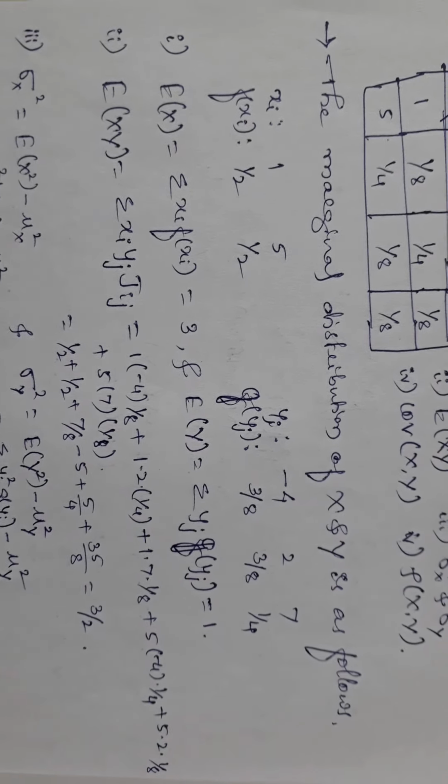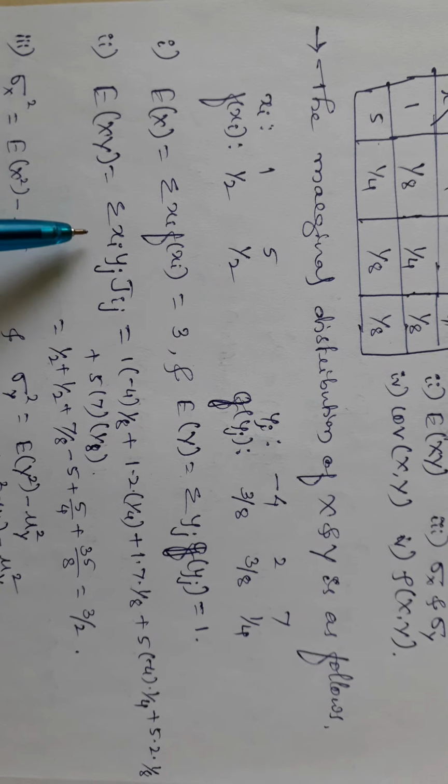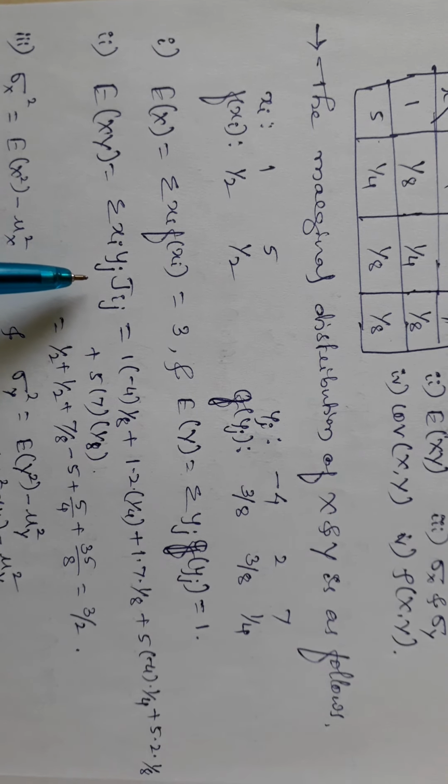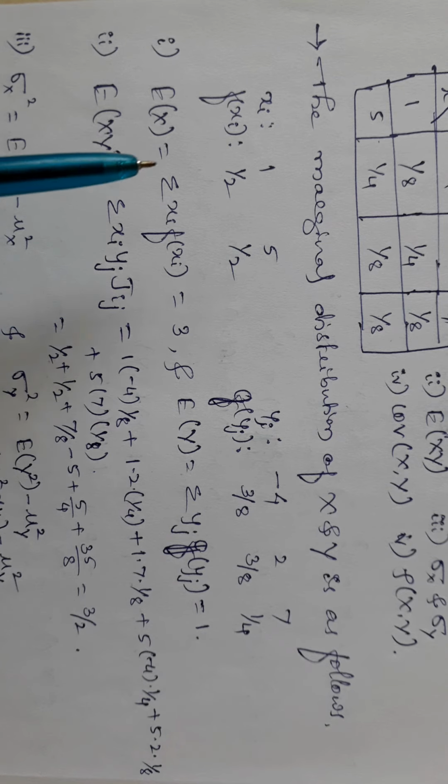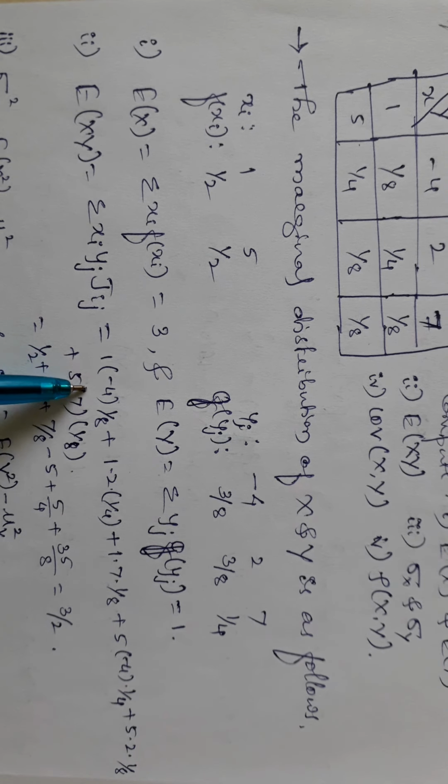Now the expectation of xy. We have the formula summation of xi yj into pij. From the table we can write the x value, y value, and its probability value: x is 1, y is minus 4, and its probability value is 1/2.